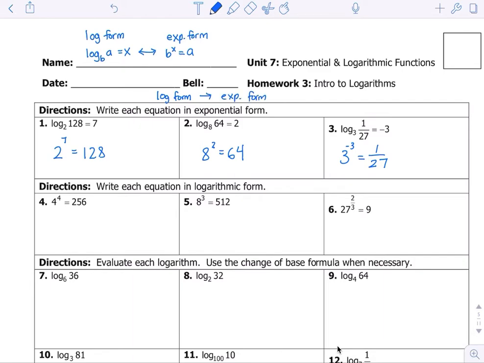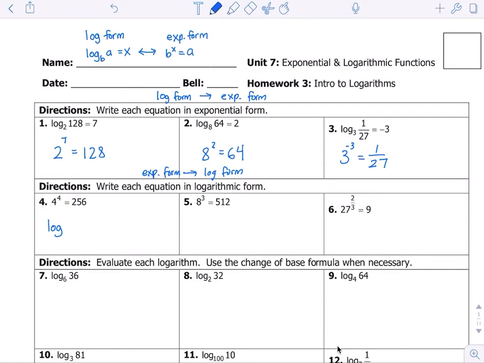All right, numbers 4 through 6. Numbers 4 through 6 are going from exponential form to log form. Log form has logs, right? So log. Now, when we're going from exponential to log form, notice that this is the base, and we have to put the argument right next to it.